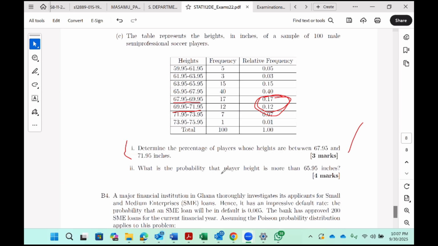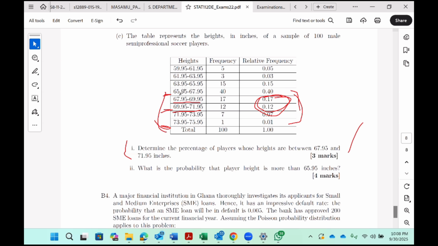When you add, that will give you the probability that he has a height more than 65.95, because it ranges from 65.95 to 67.95. So you start from there to the end, but more than, so you add 0.40 plus 0.17 plus 0.12.